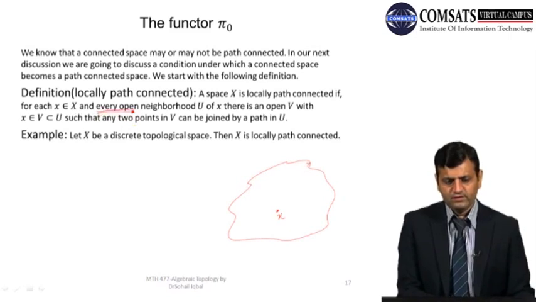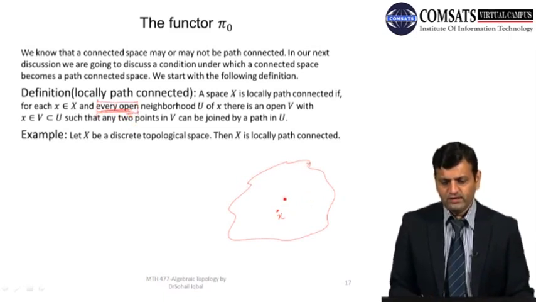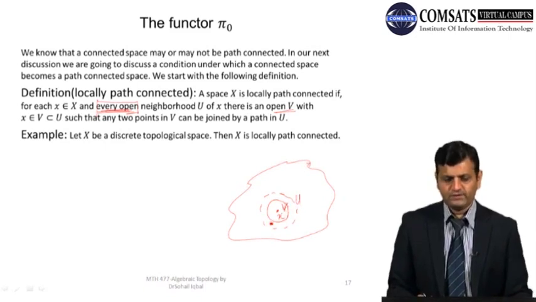We shall see in our next examples that this word every neighborhood is very important. So take any neighborhood U, then there exists an open set V such that x is contained in V, which is contained in U, and this set V is path connected.